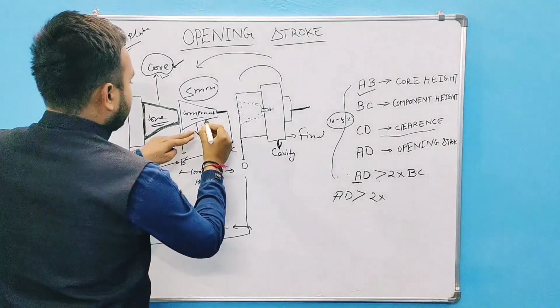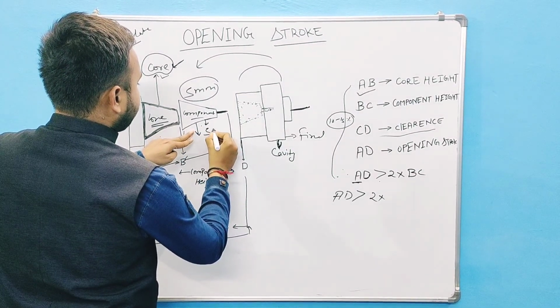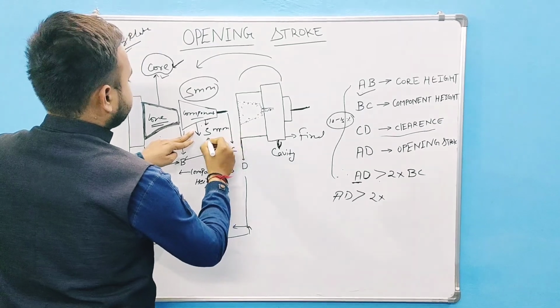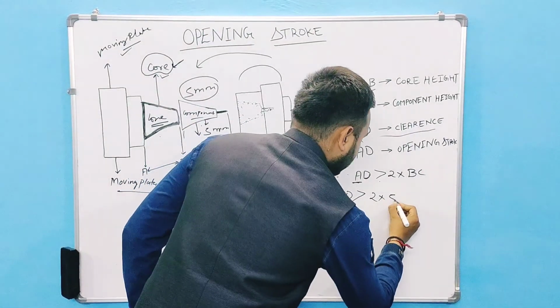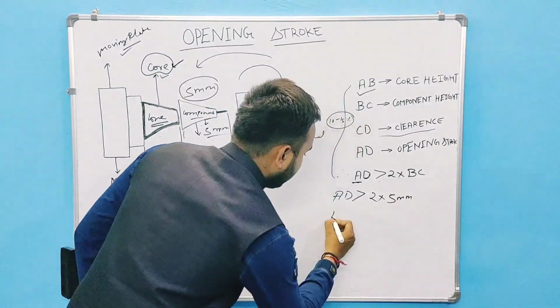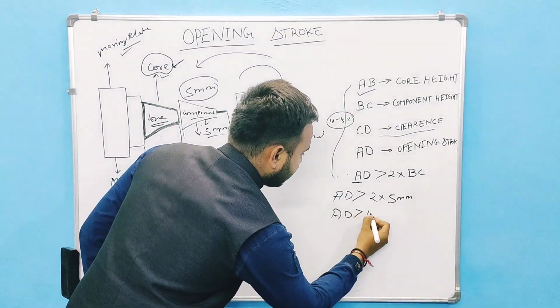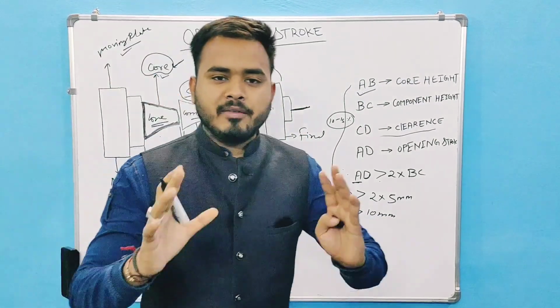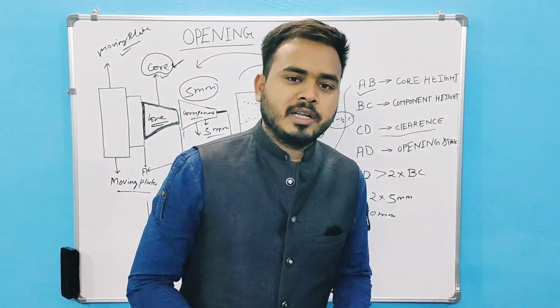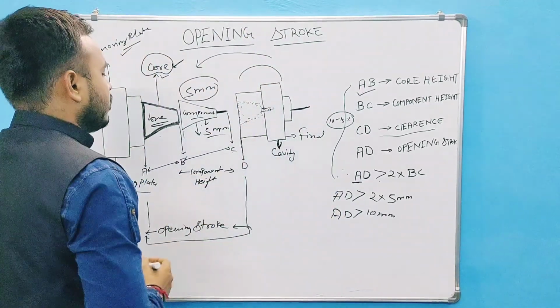For example, if this component height is 5 mm, then AD should be greater than twice this 5 mm, that is, greater than 10 mm. That means AD should be 11 mm, 12 mm, 13 mm, 14 mm. Then your opening stroke would be correct.